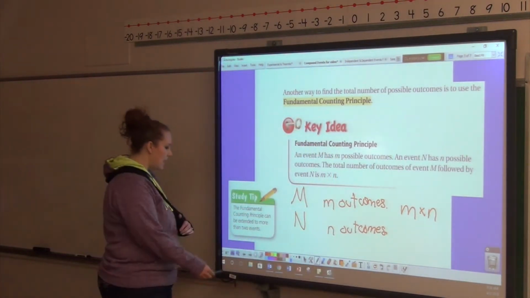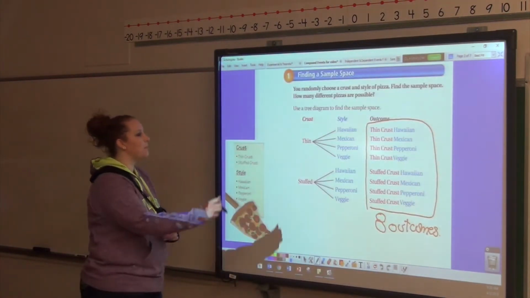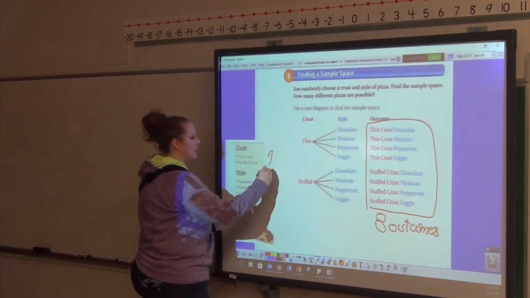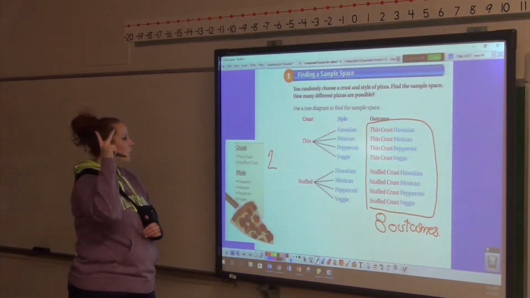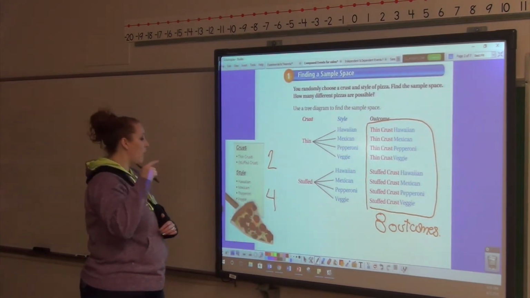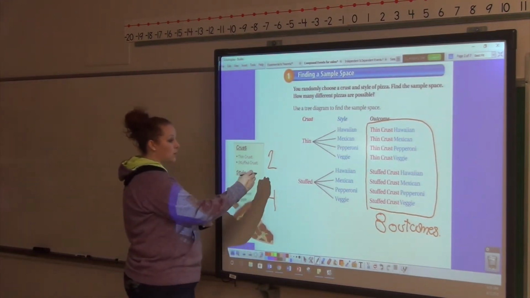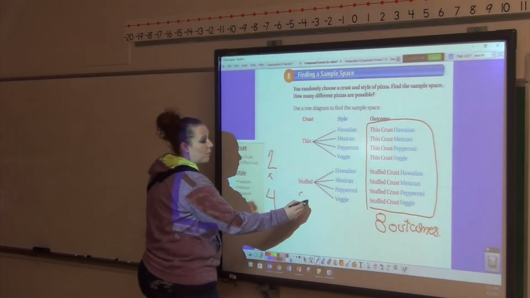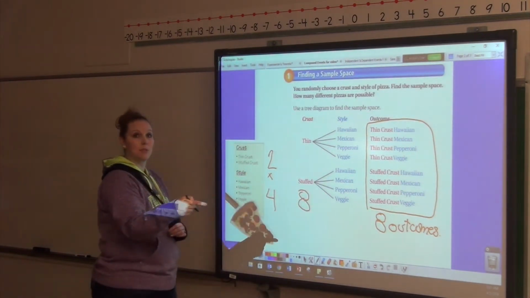M times N. If we look back here to the pizza example, we had 2 possible outcomes here, thin or stuffed, and we had 4 possible outcomes here, Hawaiian, Mexican, pepperoni, and veggie. So 2 times 4, if we multiply there, we get our 8 possible outcomes.